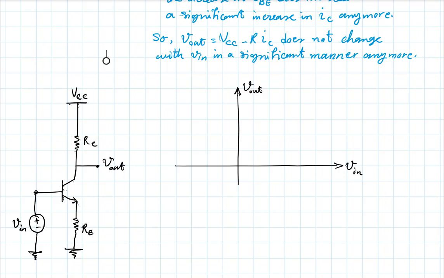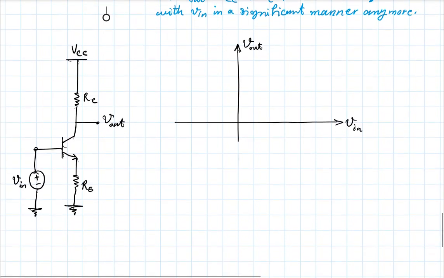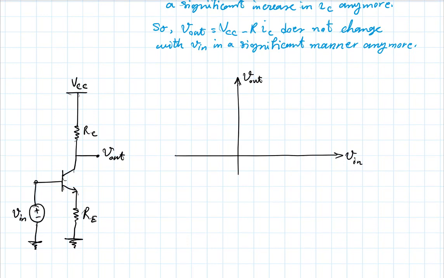Now, the difference is the base emitter voltage is not equal to V in, right? V in now is the base emitter voltage plus the voltage drop across this RE. But nonetheless, with an increase in the input, you would increase the base emitter voltage.